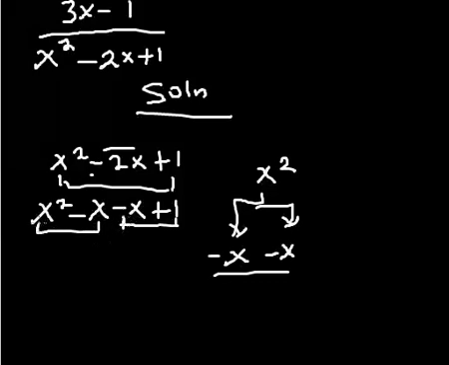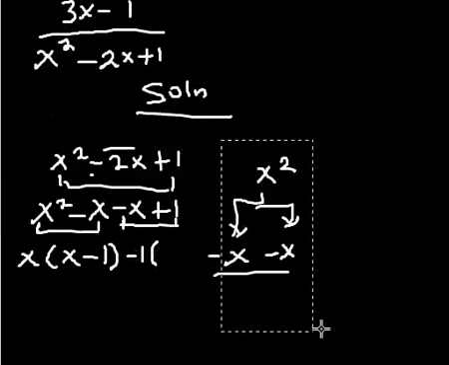I'm factorizing x squared minus x. What is common between x squared and minus x is x, open bracket, with the other factor inside the bracket. Then for minus x plus 1, minus 1 is definitely common.